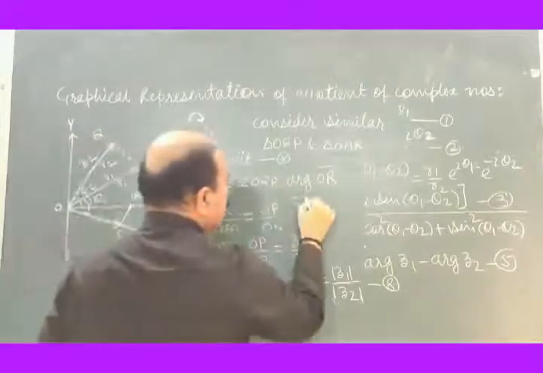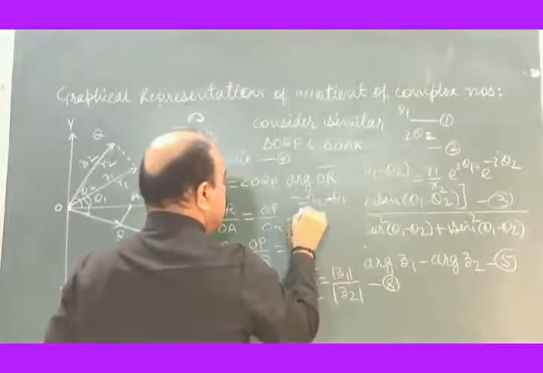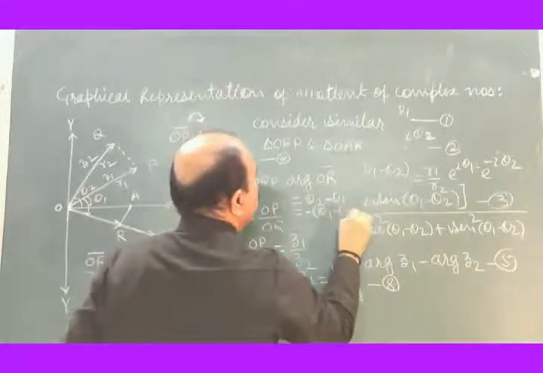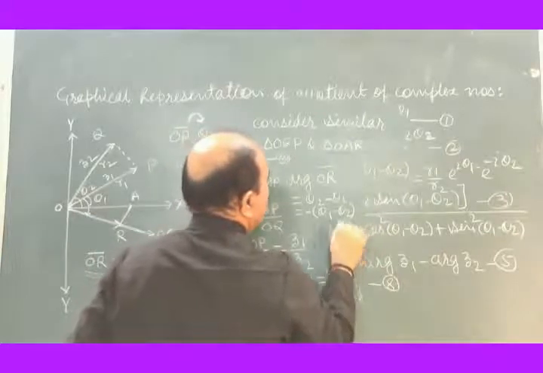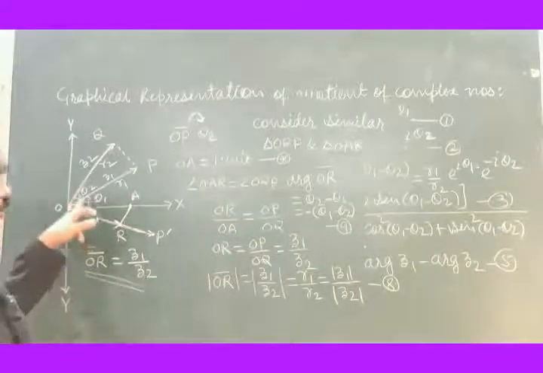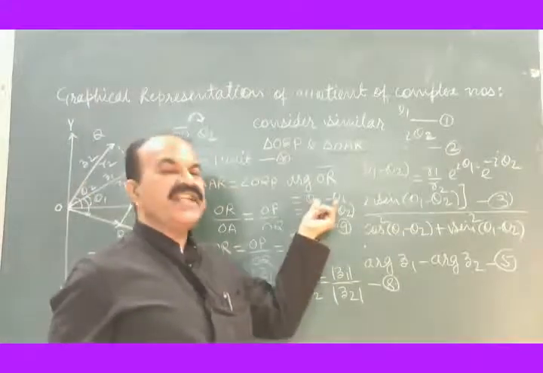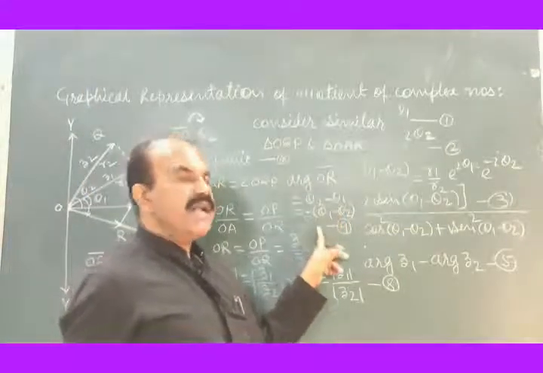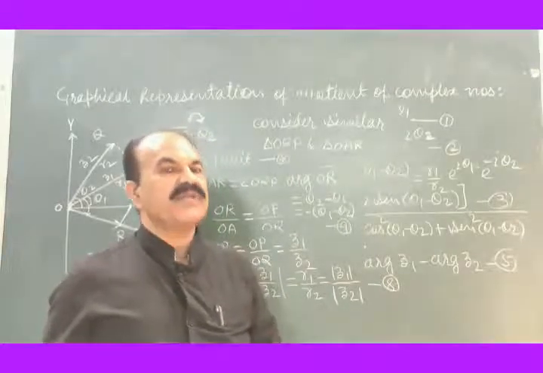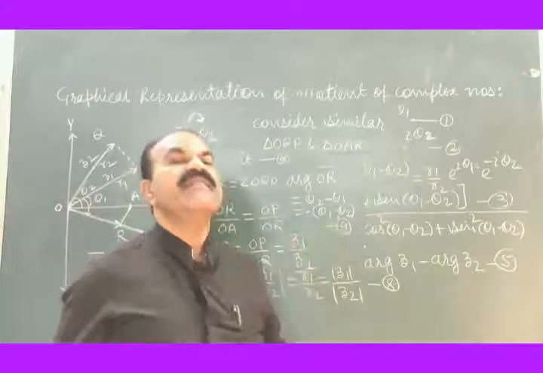Equation number 9. Argument of OR is, from the geometry of the figure, theta 2 minus theta 1. If minus is taken common, it will become minus of theta 1 minus theta 2. So argument of the quotient of Z1 and Z2 is minus of theta 1 minus theta 2.